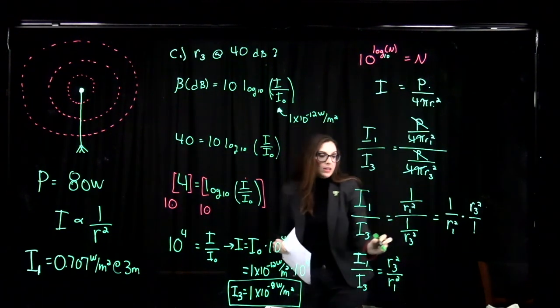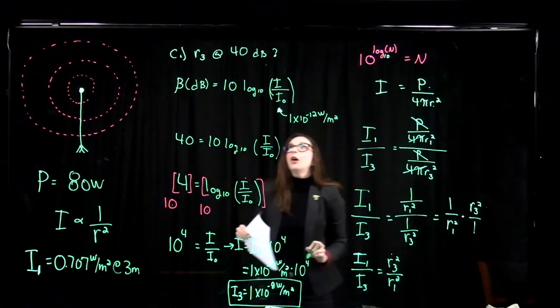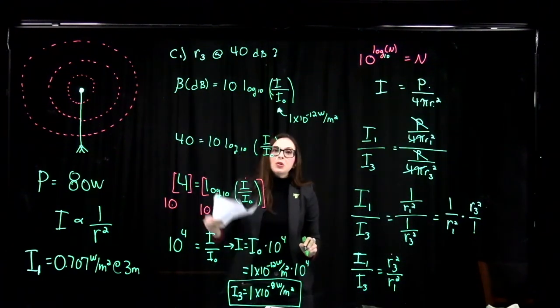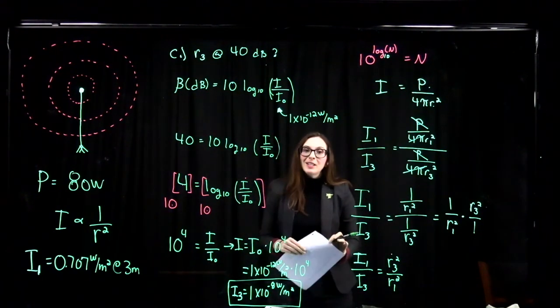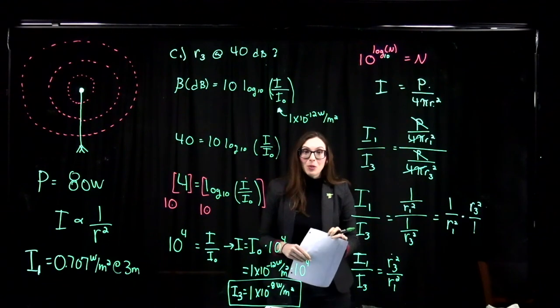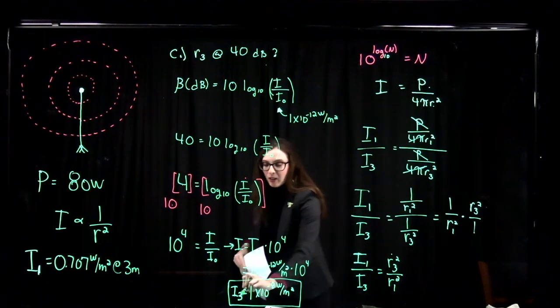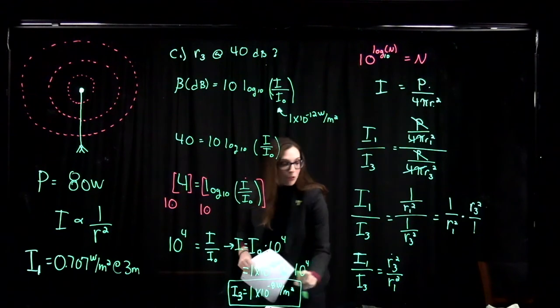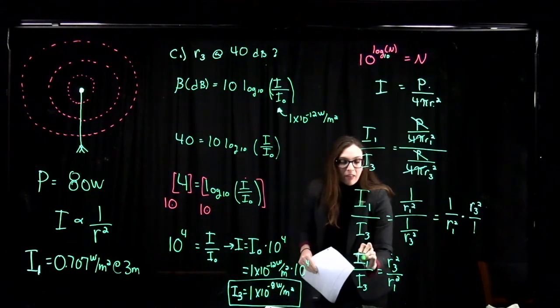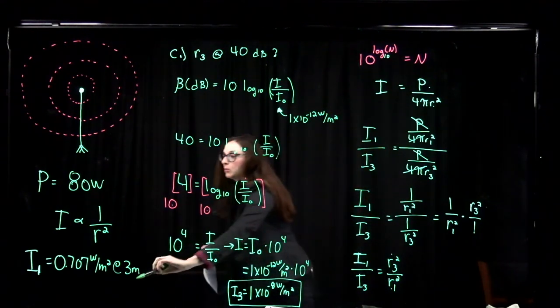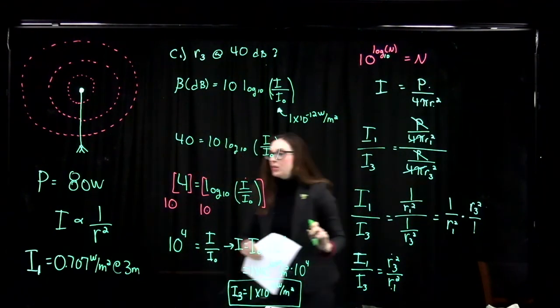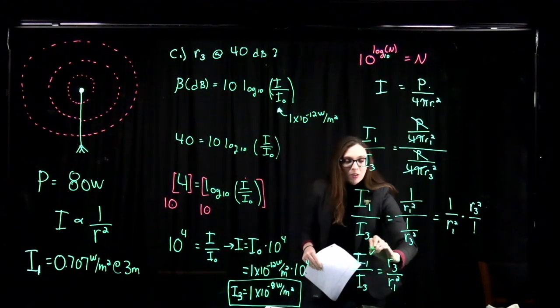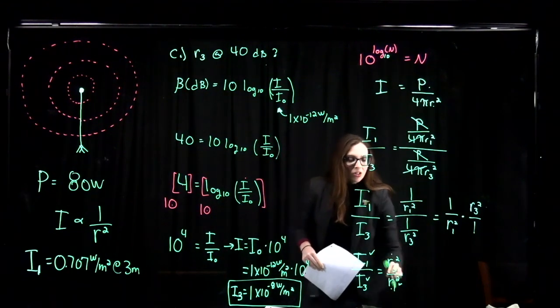I'm trying to solve for this distance that I called R3, which is the distance at which we achieve a sound intensity level of 40 decibels. Earlier we found what the intensity of 40 decibels is in watts per meter squared, and that at a distance of 3 meters from the source, the intensity was 0.707 watts per meter squared. So we have all these pieces of information.